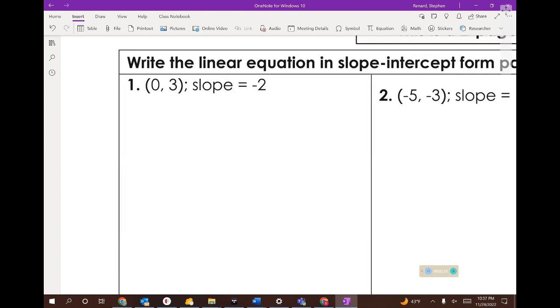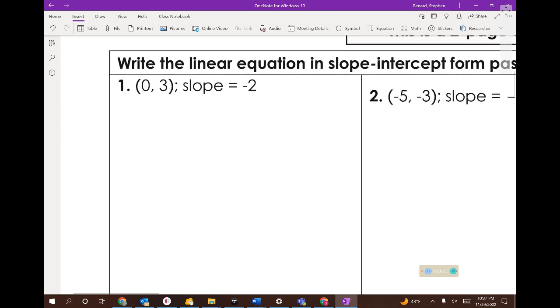So here we have 0, 3. Some of you may find a shortcut on this one, and that's okay. I'm going to go through the steps that I just explained. So this is my point, x1, y1. This is my slope.